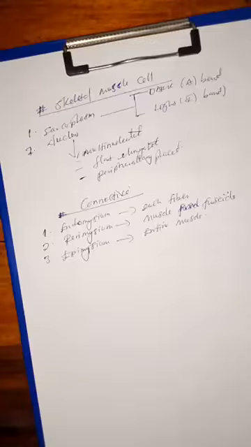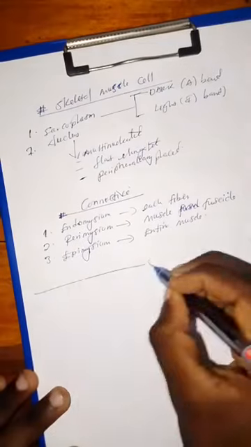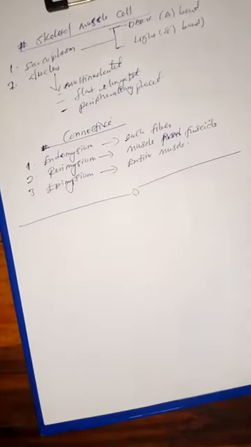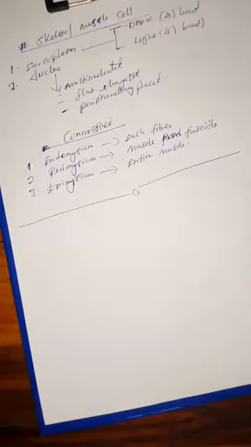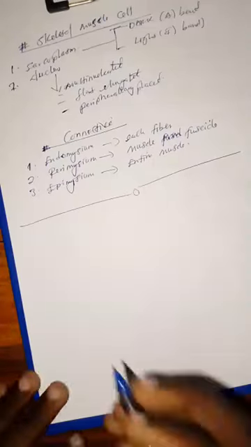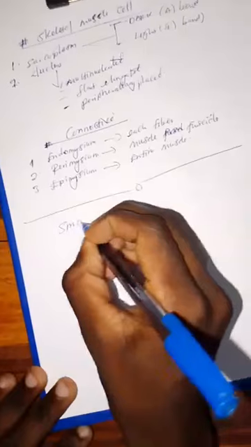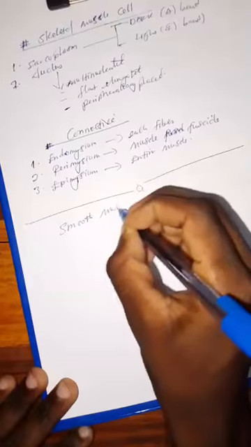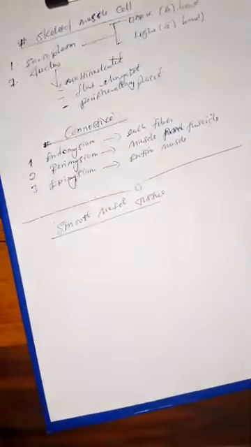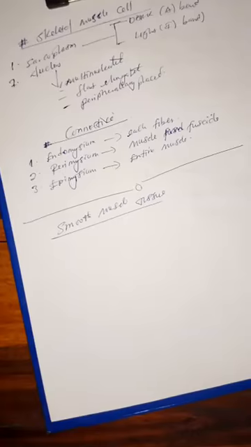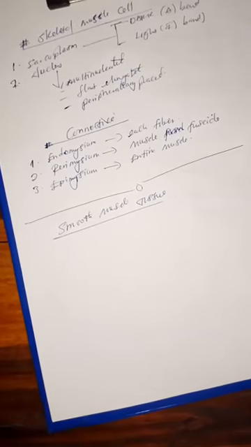Alright, so where can you find the smooth muscles? You've learned that muscles are in three categories: the skeletal, the cardiac, and the smooth. Now, the smooth muscle tissue, where can you find it? These are found in the walls of hollow organs. Do you know what they mean when they say hollow organs?